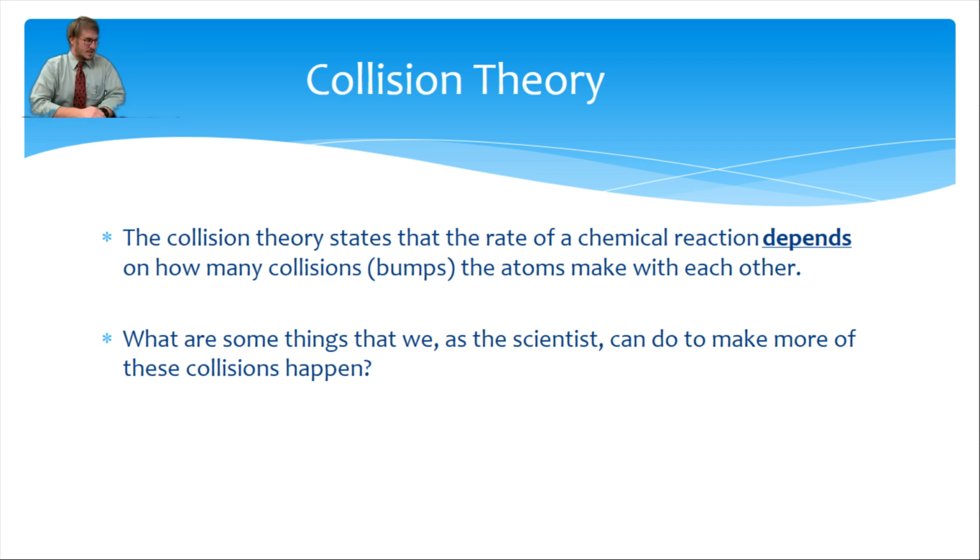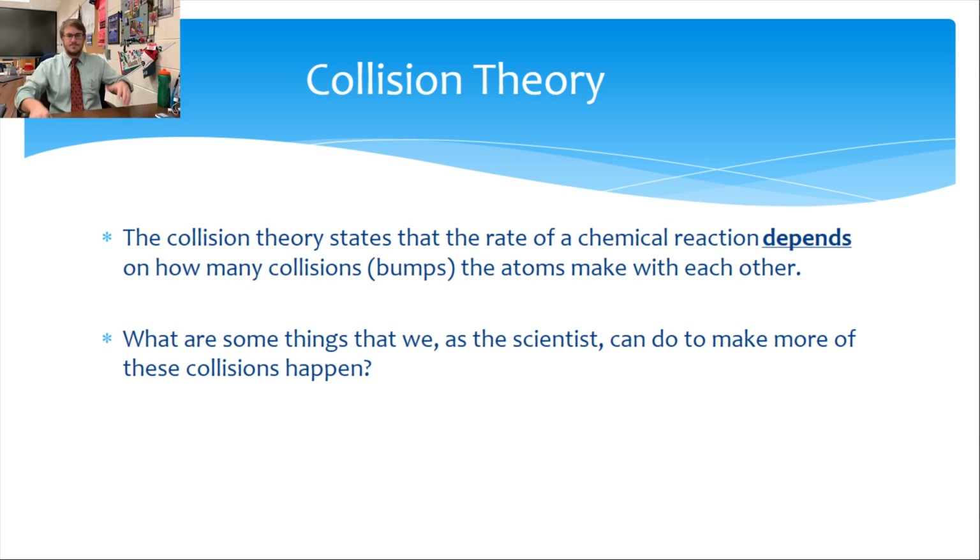Okay, cool. Collision theory is that the rate of a chemical reaction depends on how many collisions, bumps, the atoms make with each other. So the reaction is reactants turning into products. A reaction is where reactants transform, without destroying any matter or energy, into products, a brand new thing.